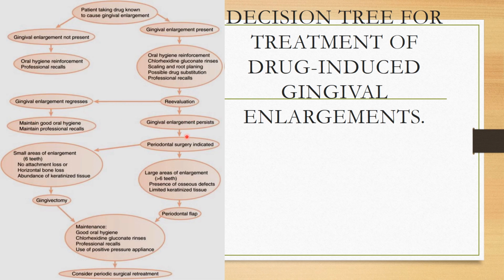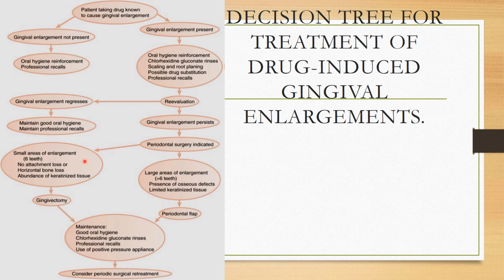And if it is persisting, obviously it will go to the surgical phase. Periodontal surgery will be indicated, then it will be categorized whether to go for gingivectomy, which is just the resection, or to go for regeneration, along with osseous correction. If osseous correction is needed, you have to go for periodontal flap surgery.